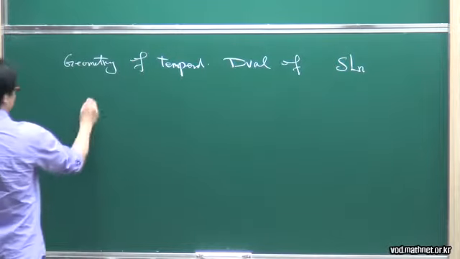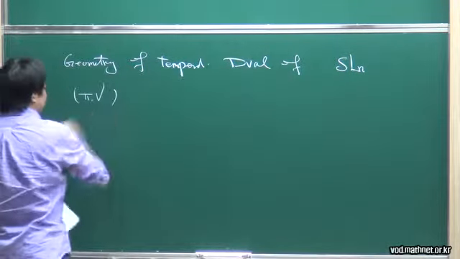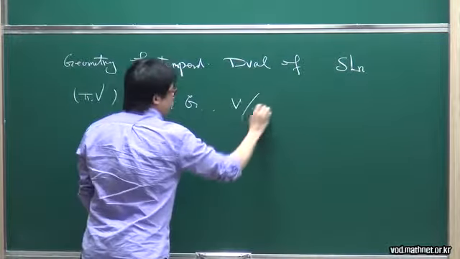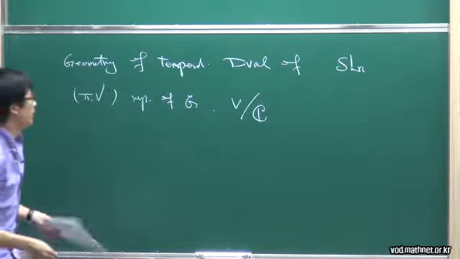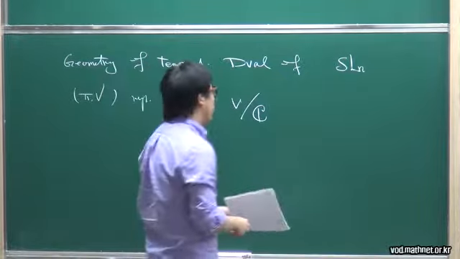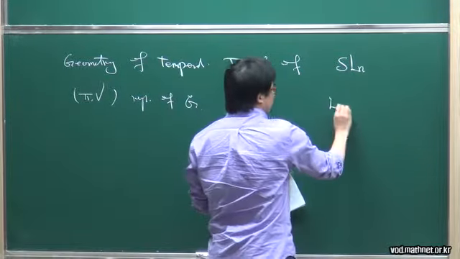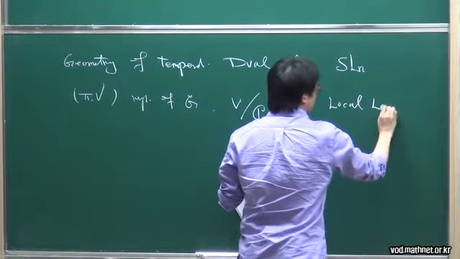So if you talk about any representation of G, the V here is over C. In fact, there's some relation between them. This topic is also related to the local Langlands correspondence.